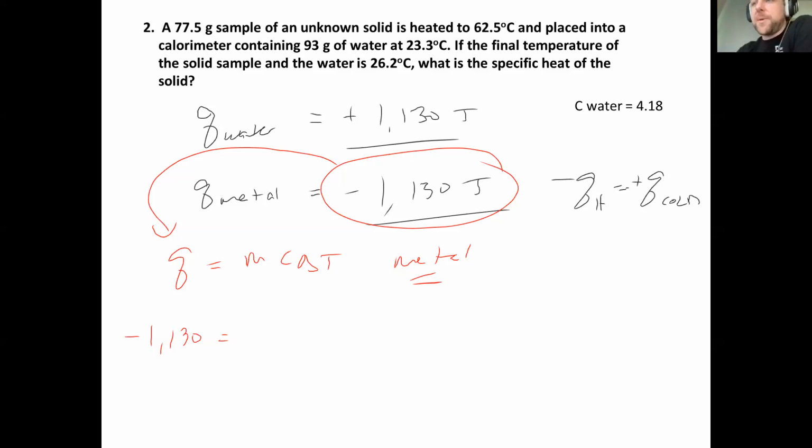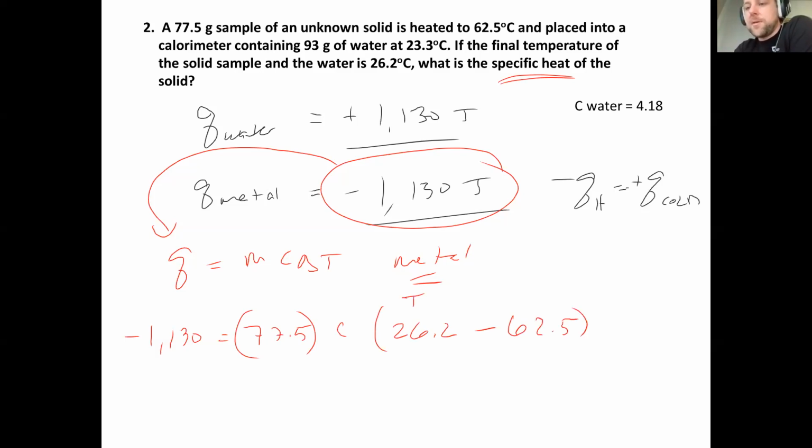Specific heat values have to be positive. So we'll see how this negative gets handled. We have the 77.5 grams of the metal. The C value for the metal is what we're solving for, the specific heat. And then the delta T is going to be the T final minus T initial. The final temperature it reached was 26.2, and the initial temperature was 62.5.